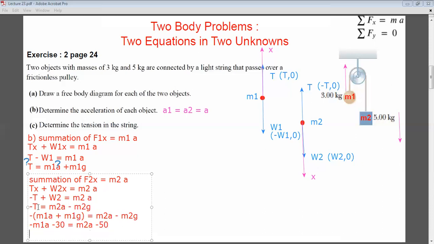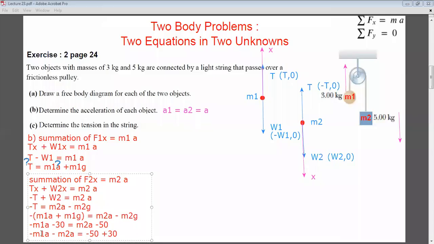Okay, and now if I take m2a to the other side, I will have minus m1a minus m2a is equal to 50 minus 50 plus 30.